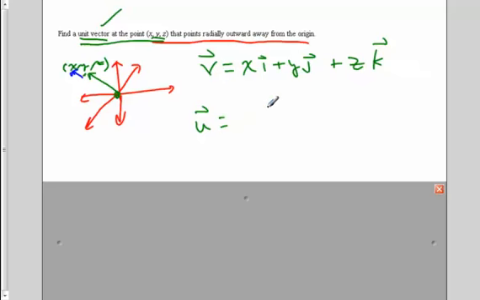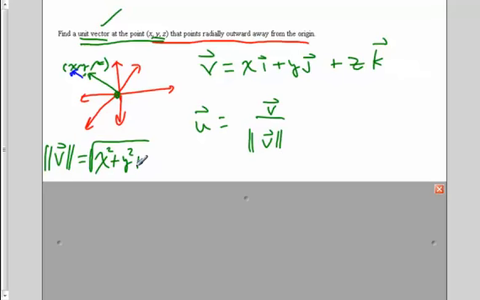So u should be v divided by the magnitude of v. Okay, well, what's the magnitude of v? We know, and we looked at this in the last couple slides, the magnitude of v is just the square root of x squared plus y squared plus z squared.